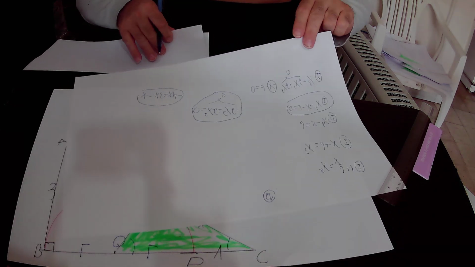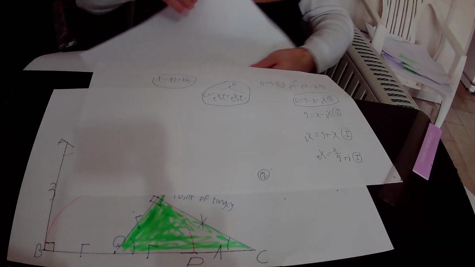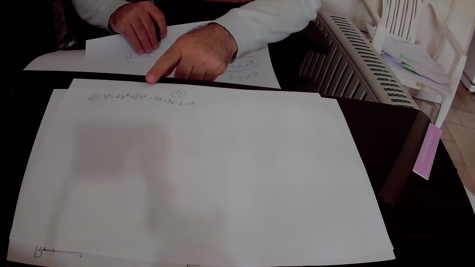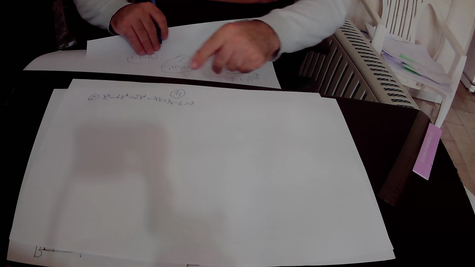So this is the equality that we got after we substituted minus x by minus 4x plus 3x.